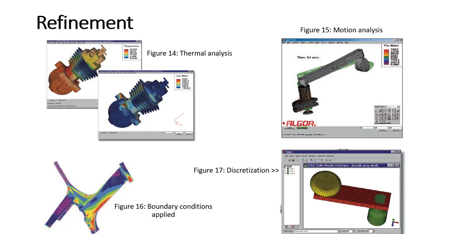The interactions of a part with fluid flow, such as water or air, are simulated through the use of color bands. For example, Figure 15 shows motion analysis of an assembly. The rate of motion is shown using different colors.